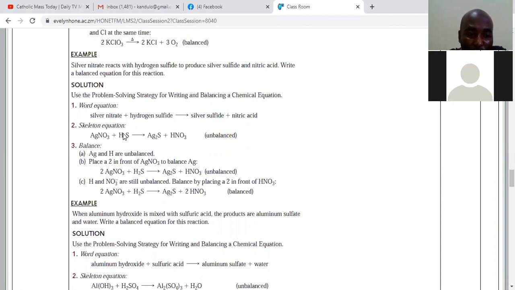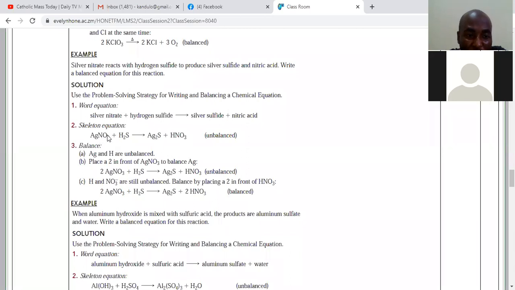Like the silver will now go with sulfur, and the hydrogen will go with the NO3. So that's how it is. At this stage, our skill is not to predict the reaction products, but I can just tell you that that's what we'll be talking about on Monday.